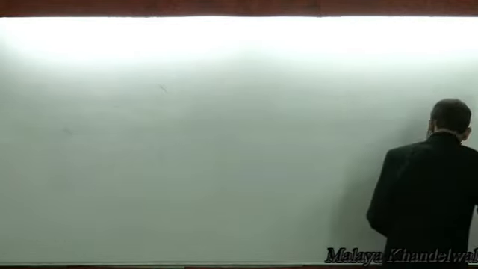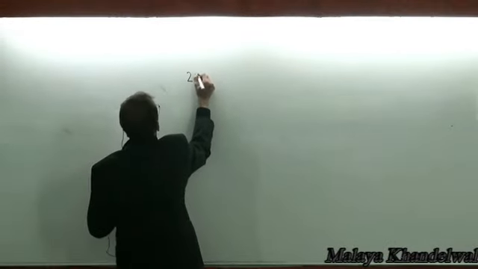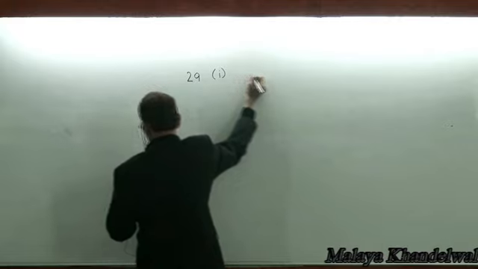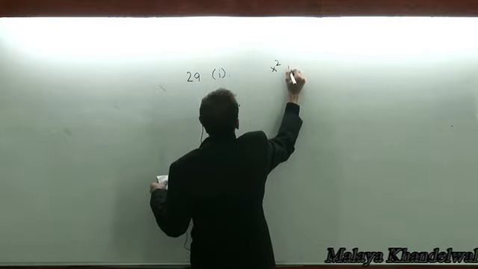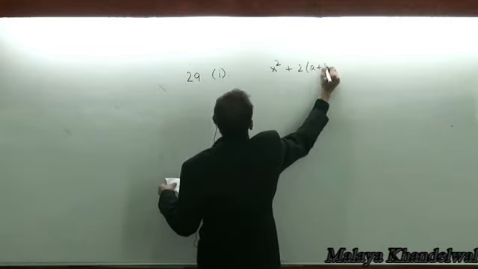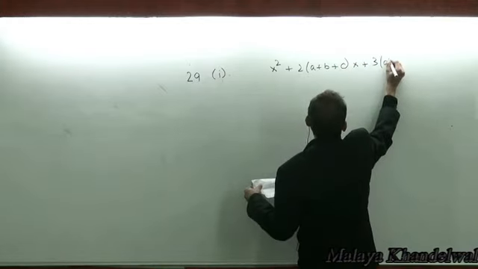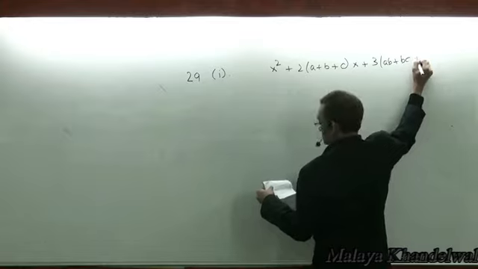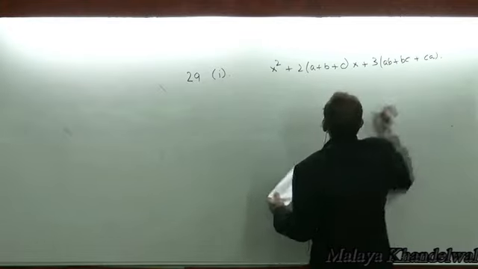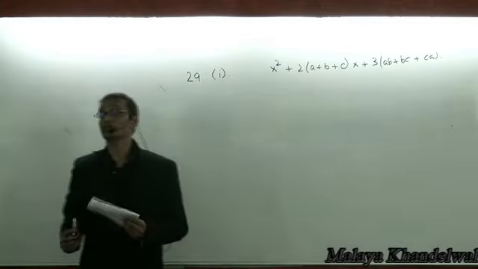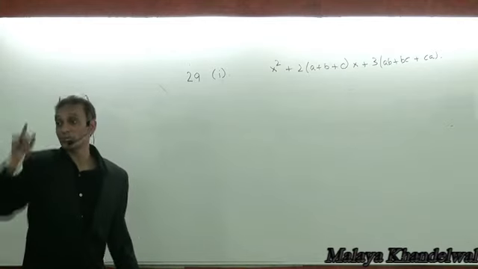29 part 1. x squared plus 2 into (a plus b plus c) into x plus 3 into (ab plus bc plus ca). A, B, C are real numbers. We want to find the condition so that this expression is a perfect square.